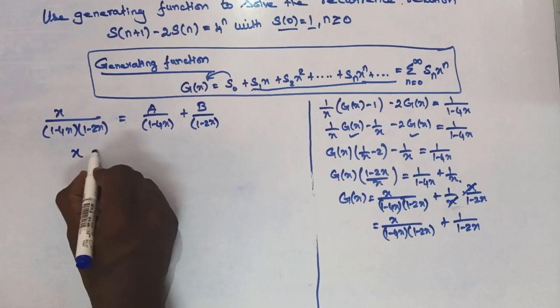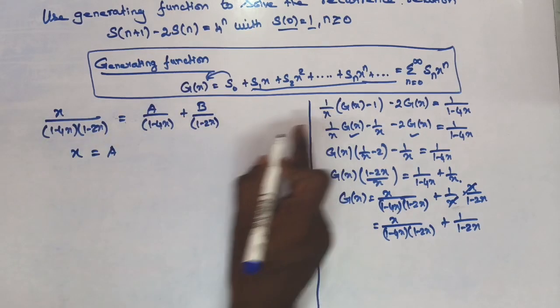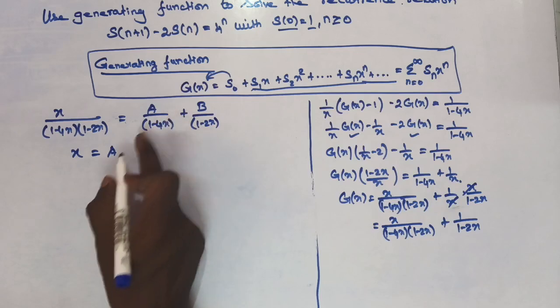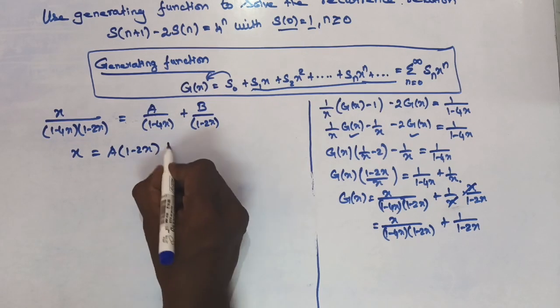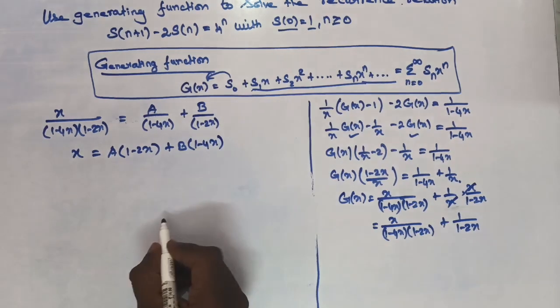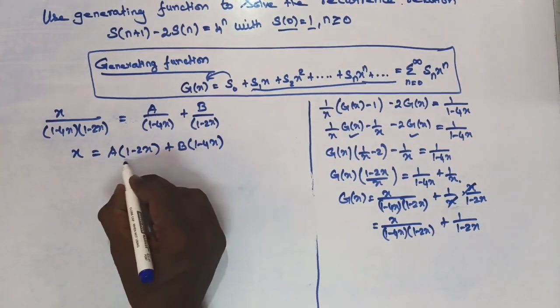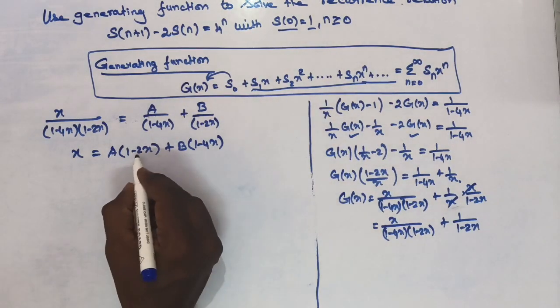So x equals, if you multiply the entire equation, this gets cancelled, and 1 minus 4x gets cancelled: A into (1 minus 2x) plus B into (1 minus 4x) you will get. Now you have to get the A value and B value. If you substitute, make this factor 0.